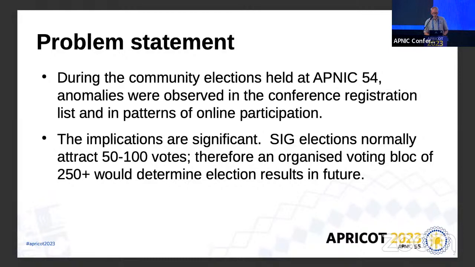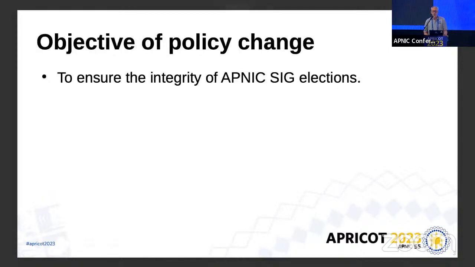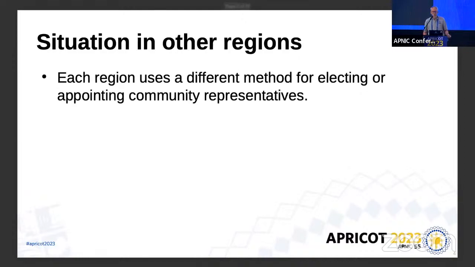Prior to online election, all SIG voting was in person at a conference, so voters' identity could be confirmed. What I'm trying to do here is to ensure the integrity of APNIC SIG elections. Situation in other regions. Each region uses a different method for electing or appointing community representatives.